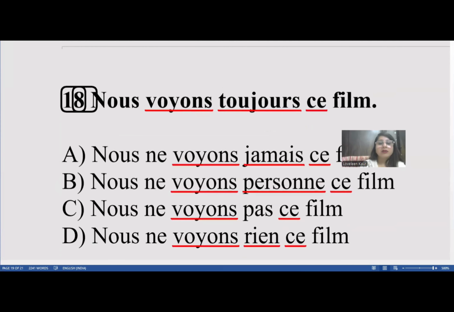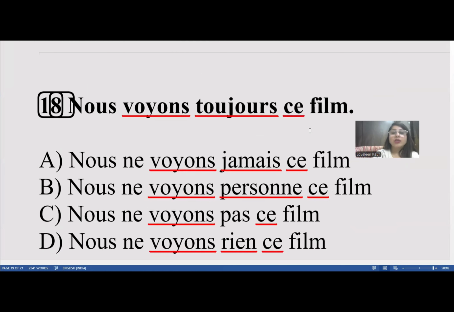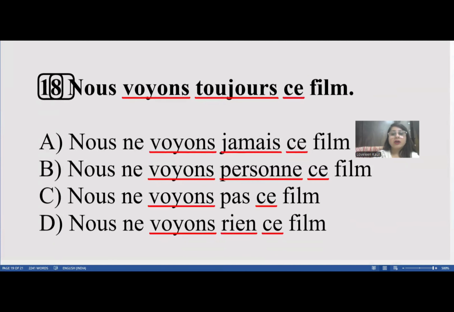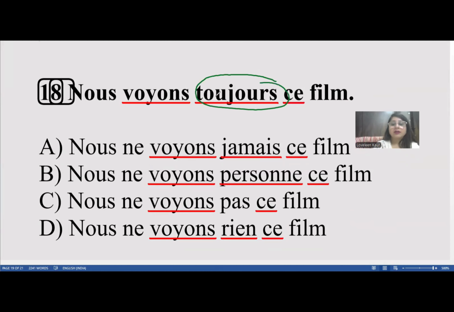Now we have, this is what? Nous voyons toujours ce film. Which one is the right option? It's given toujours. Always. So do you think this option is the correct option?